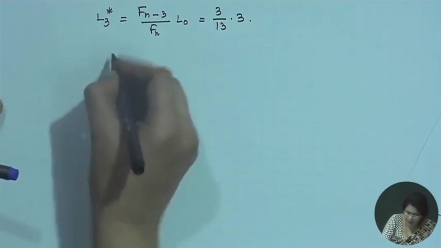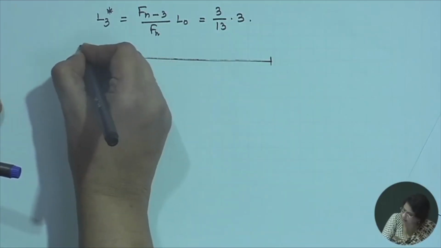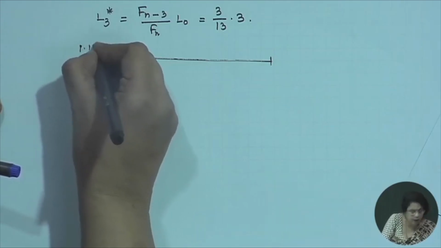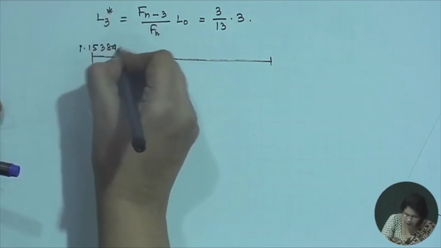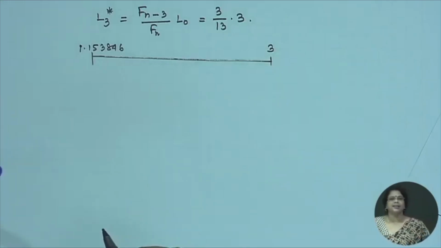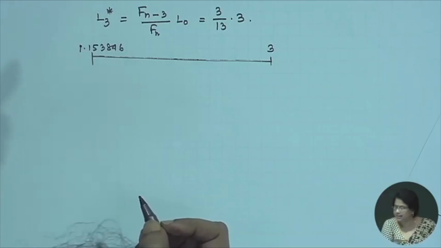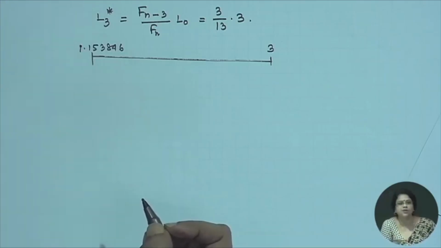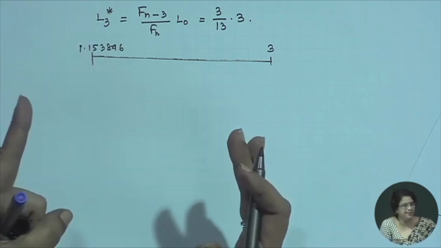I am having 2 points here, x3 and x2. What is the x2 value? 1.1538446 and another 0.3. I have to take the third point in such a way that the current observations are L3 distant apart from both the ends.